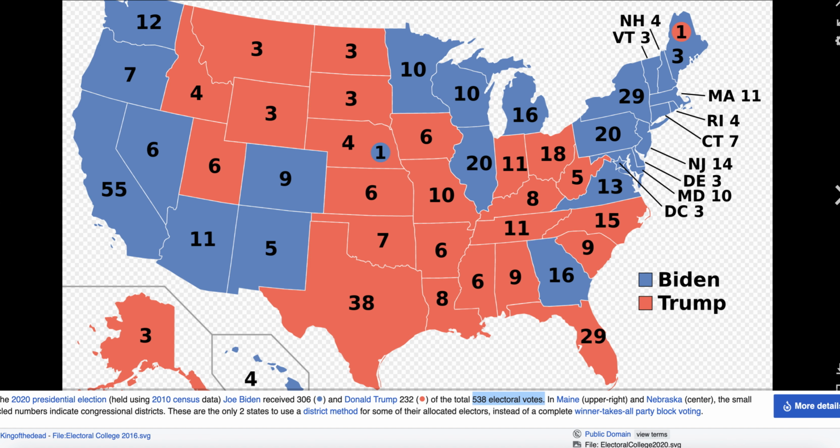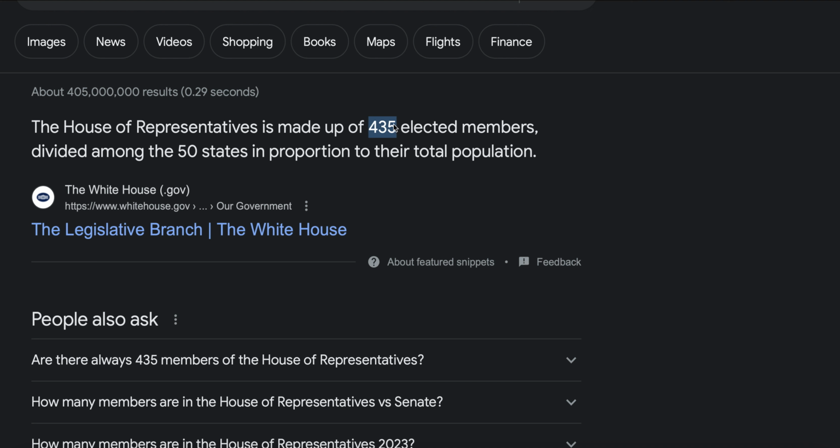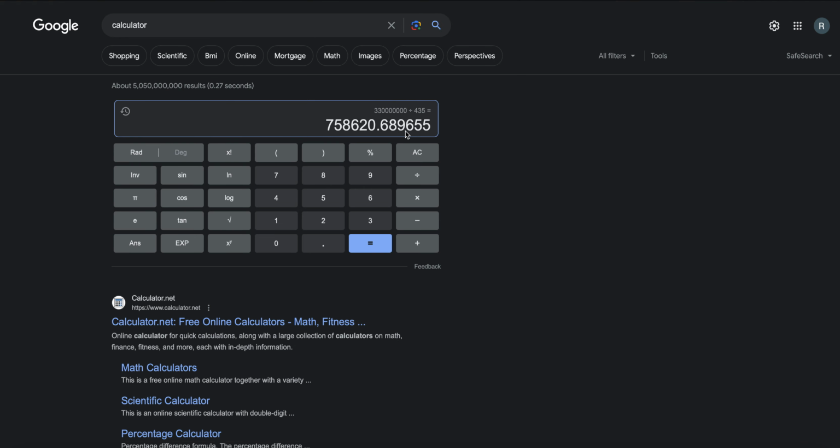So hopefully that'll give us an idea of what is wrong in our country. This is an oligarchy. This 538 electoral votes, especially this 435, which should be 5,435, is woefully short. So let's try this. What if we had 5,435? Here, 330 million divided by 5,435.